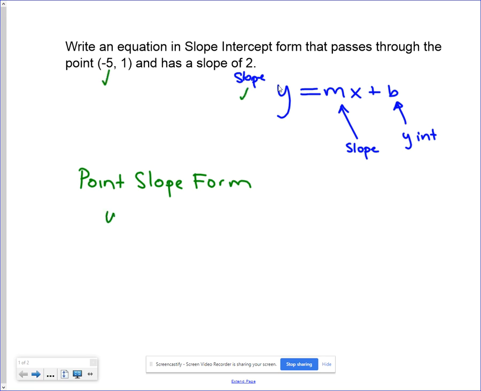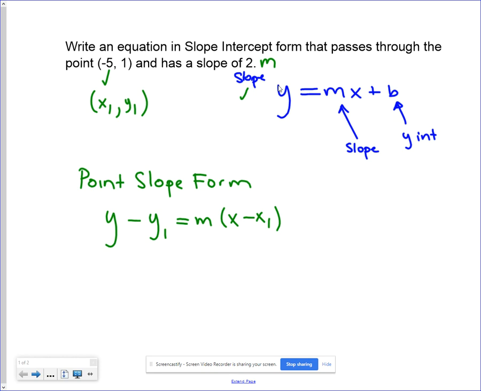Again, this is point-slope form: y minus y sub 1 equals m times the quantity x minus x sub 1. So -5 is my x sub 1, and 1 is my y sub 1. And 2 is my slope.